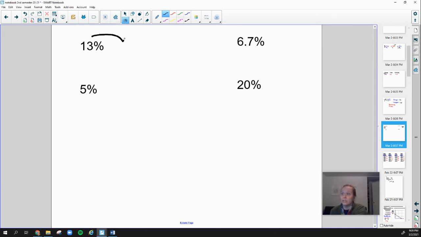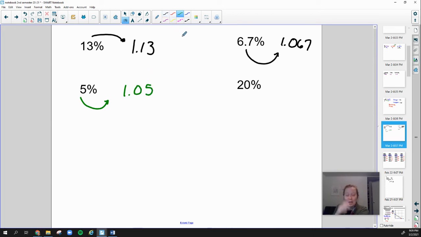So 13% is going to turn into 1.13. 6.7% is 1.067. 5% is 1.05. 20% is 1.2. So those are how we change our percents into multipliers.